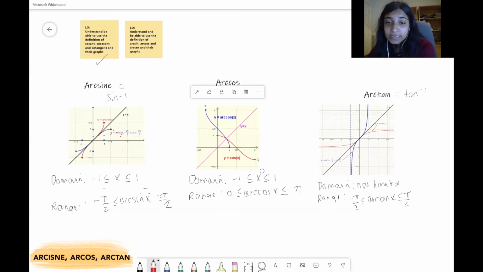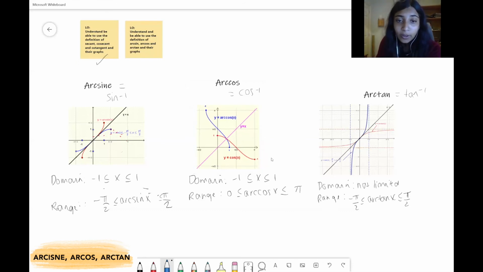That's because if we were to go below 0, for example, we would go like this, and that would mean we would have 2 values of x for each value of y. And again, you can't have that. It won't be a one-to-one function then. So we've limited the domain for cos x to between 0 and pi.